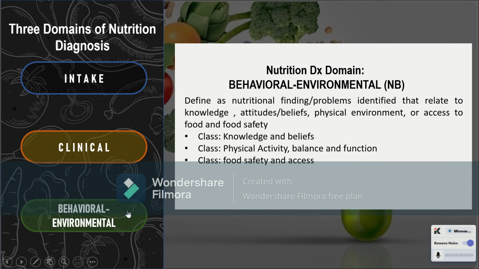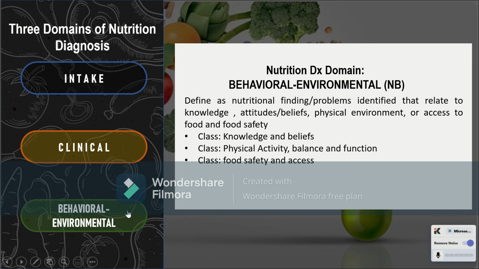It is defined naman as nutritional findings or problems identified that are related to the knowledge, attitudes, beliefs, or physical environments, or access to food and food safety. So it has also subclasses such as your knowledge and beliefs, physical activity, balance and function, food safety, and access.